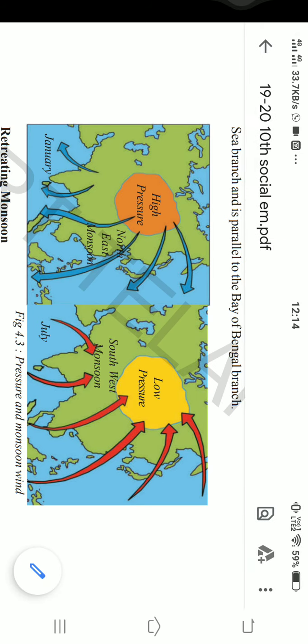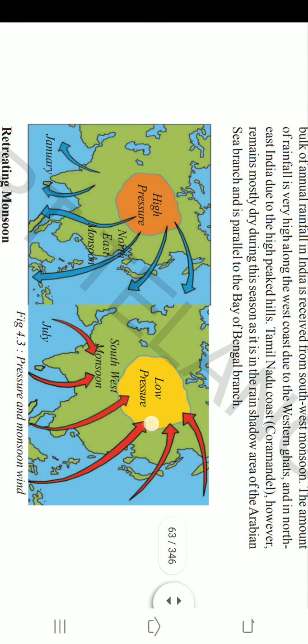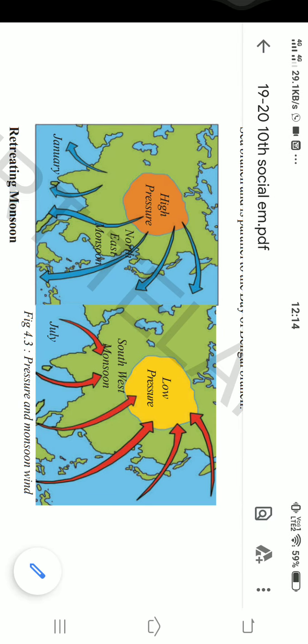In North India, that is April, May, June, from March 21st to June 22nd, the sun rays fall vertically, moving from the equator to the Tropic of Cancer, that is North India.